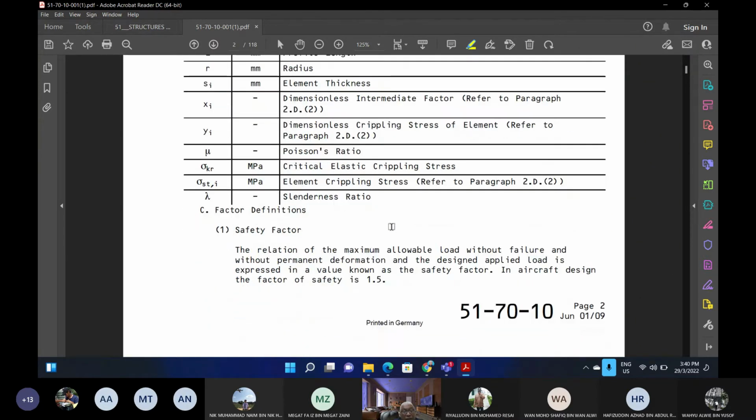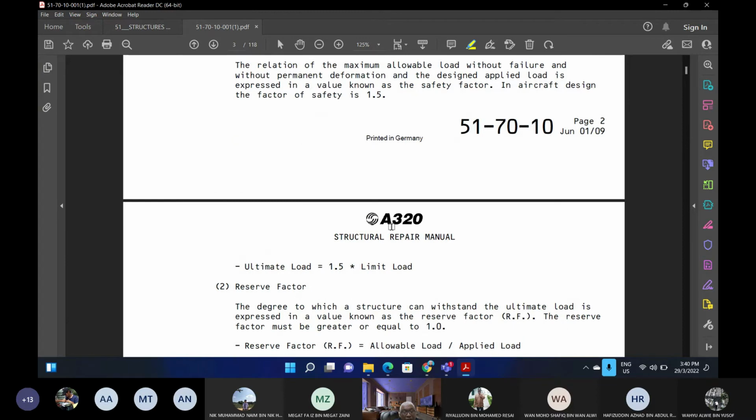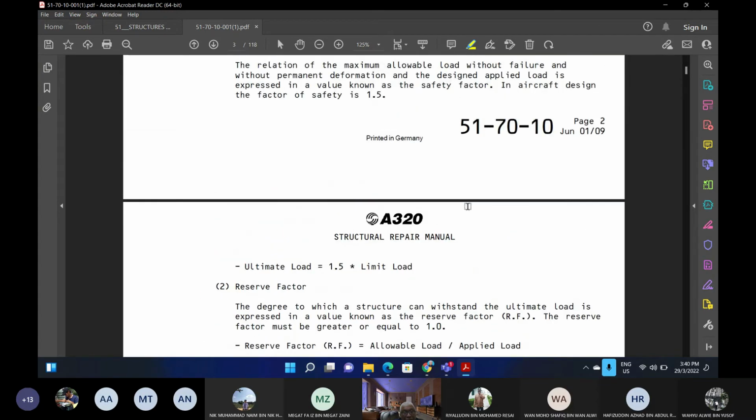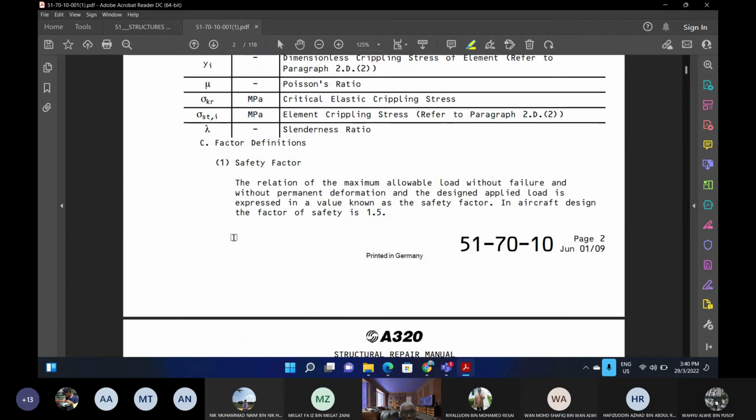And then there's a term here, factor of safety. We have reserve factor, we have margin of safety. Factor of safety is purely for certification. Any primary structure should have a 1.5 factor of safety, meaning 50% extra in terms of strength. So you design something to 150 Newton, you only apply 100 Newton, so you have 50 Newton extra margin.